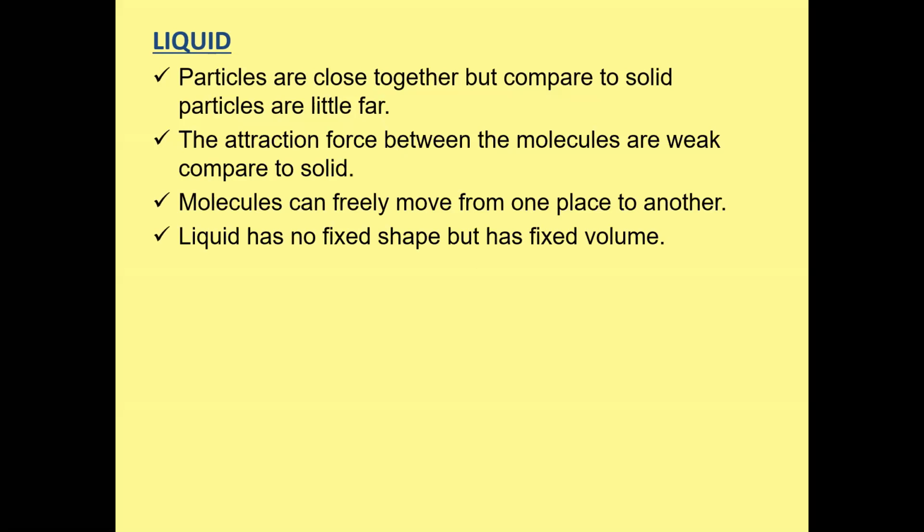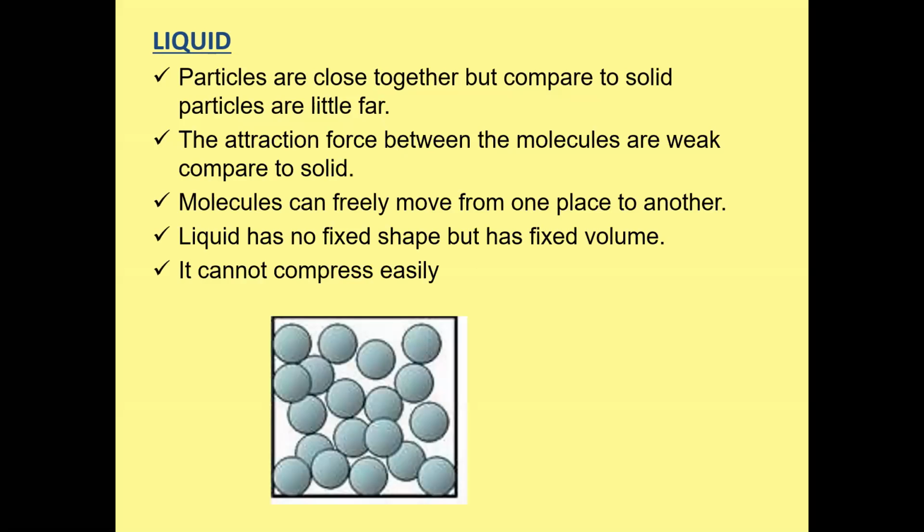And a liquid does not have a fixed shape, but it has a fixed volume. There is still not sufficient space to compress, so liquids are also difficult to compress. You can see the particles have spaces but not too much space, so it's difficult to compress.